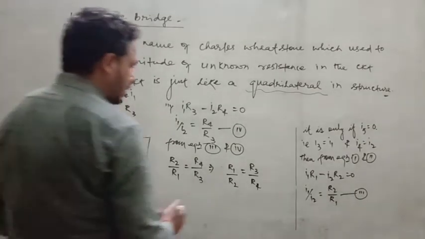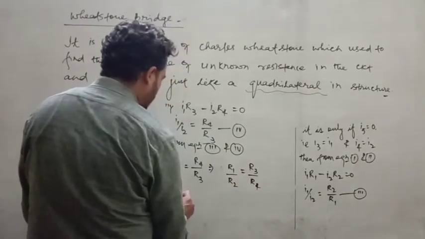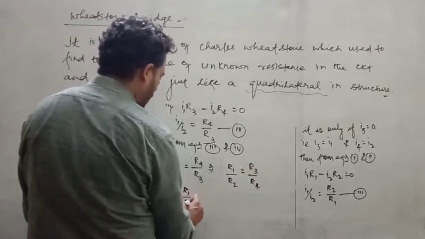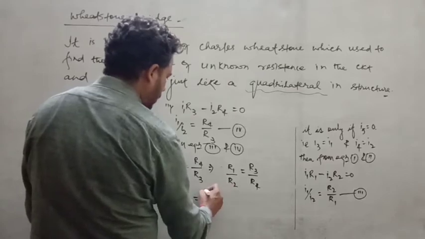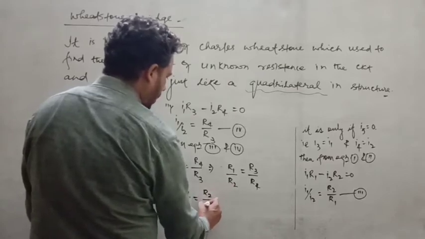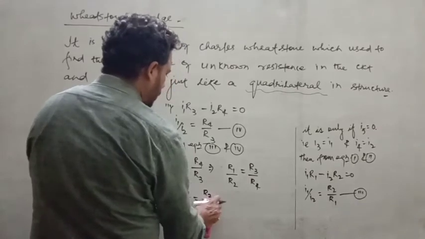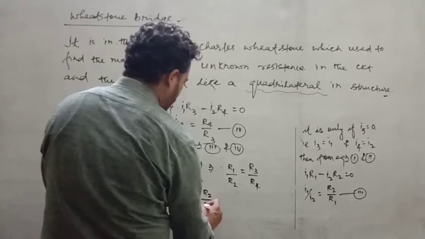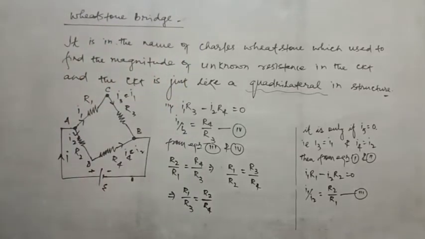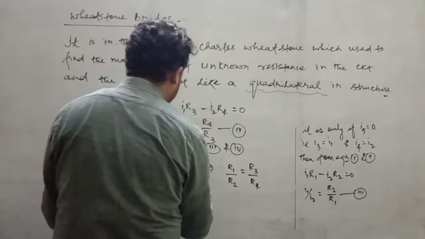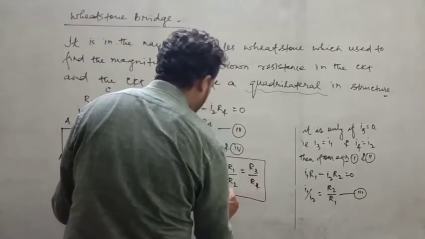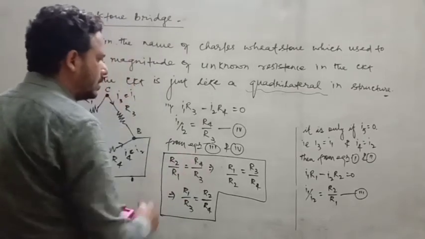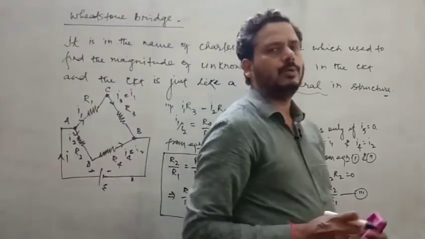Otherwise, you can take this one here and this one here, so R1 by R3 is equal to R2 by R4. So this is the relation of the Wheatstone bridge, in which out of the 4, if any one is unknown, using this relation you can find out its magnitude.